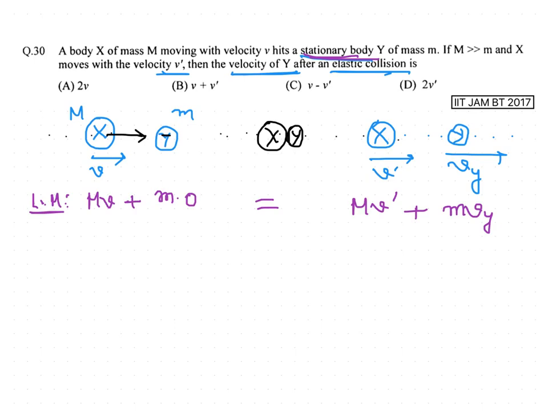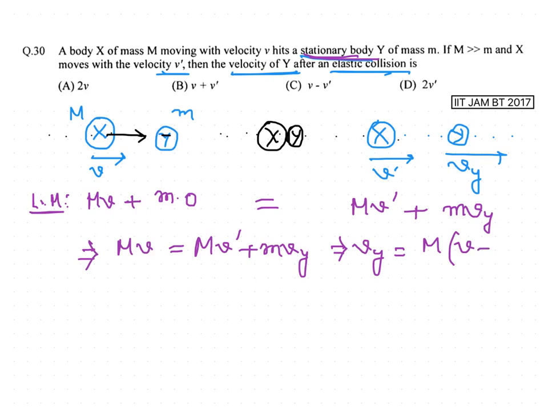So, if we solve this, we get capital M v equal capital M v prime plus small m Vy. From this we get Vy equal capital M times small v minus v prime divided by small m.